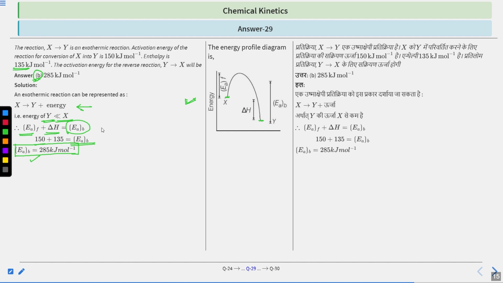And this is the concept we use here in this equation, that EA of backward is equal to del H plus EA of forward reaction. Okay, and thus B option will be the correct answer. Okay, let's move to the next question.